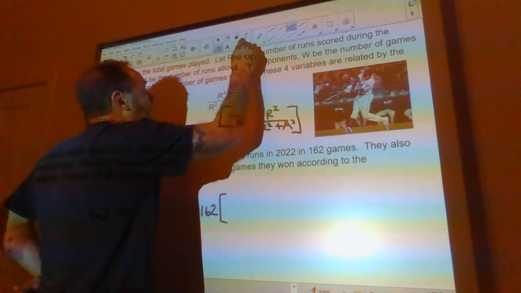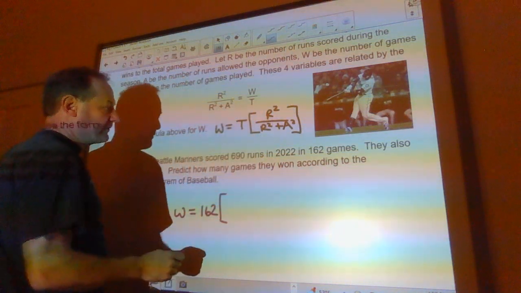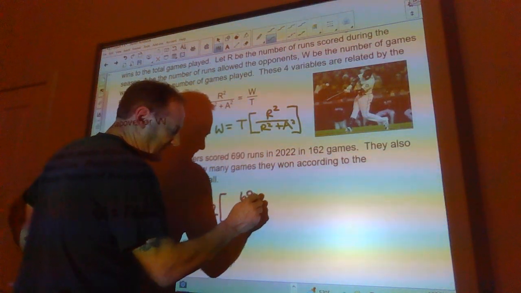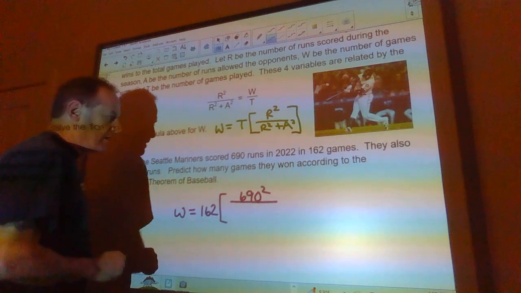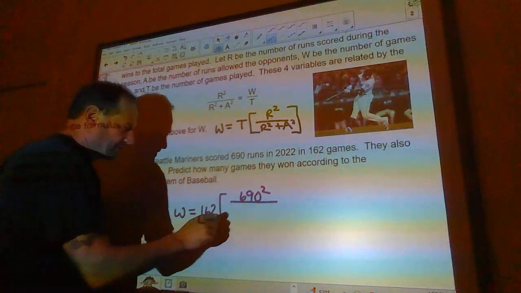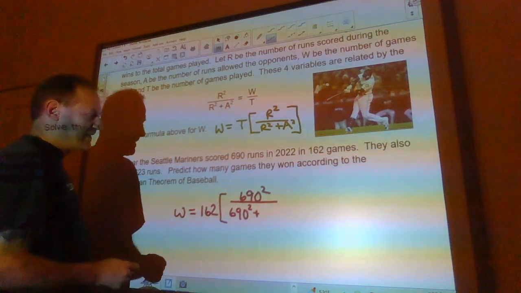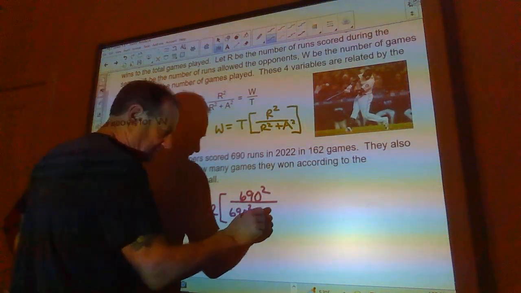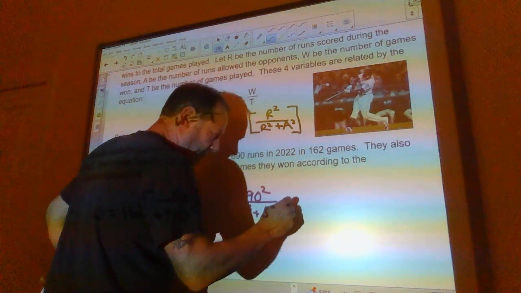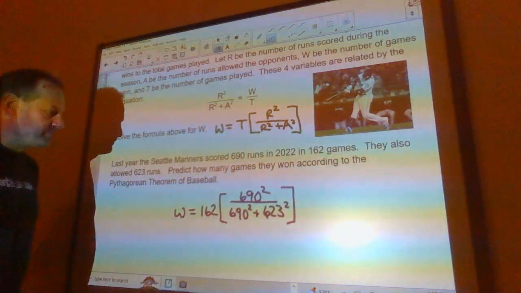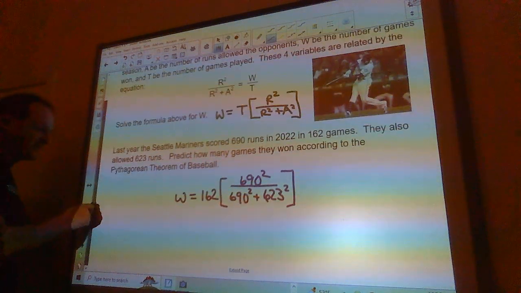There we go. So this is going to be 690 squared divided by 690 squared plus the runs that they allowed, 623 squared. So that should tell me how many wins that they got.